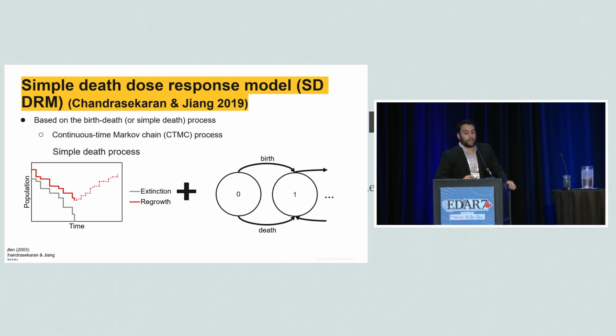And shown here on the picture on the left is just a little graphic showing that. And it follows the idea that if you're exposed to a given dose, over some amount of time, that entire dose will experience total death and nothing will happen to you. There will be no response. Or at some time threshold, if the dose is large enough, there is some probability that they will regrow and subsequently cause an infection.